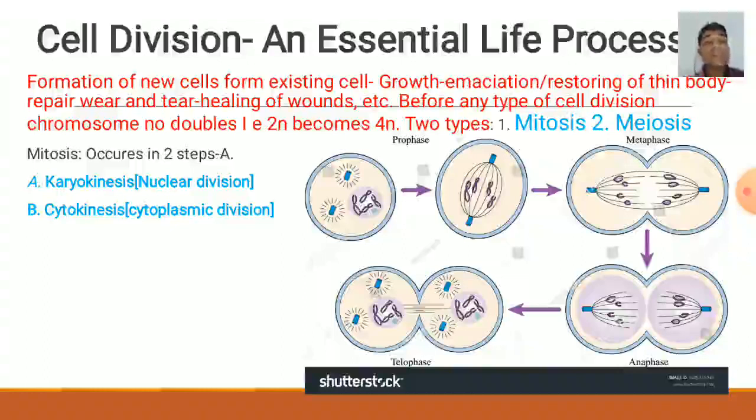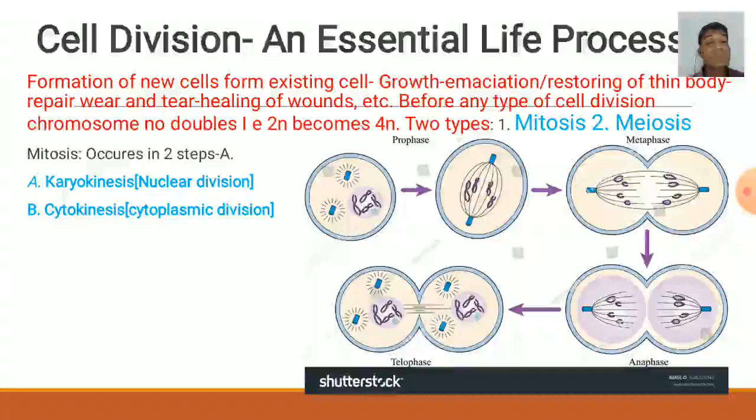In this way, karyokinesis is completed and cytokinesis begins. The cytoplasm is divided by cytokinesis and two new cells are formed, which are called daughter cells.